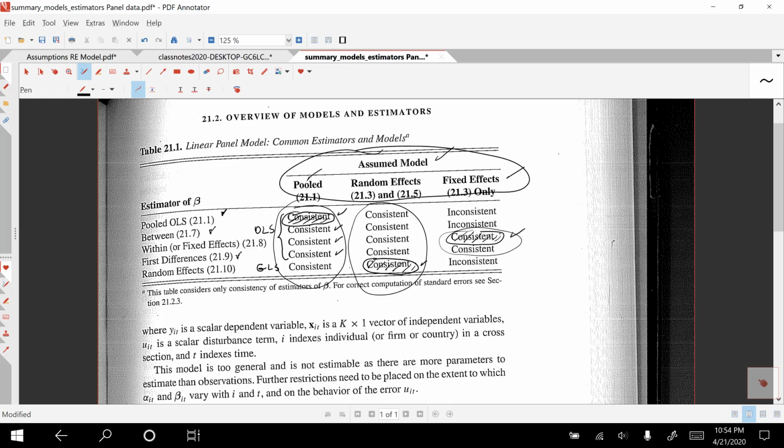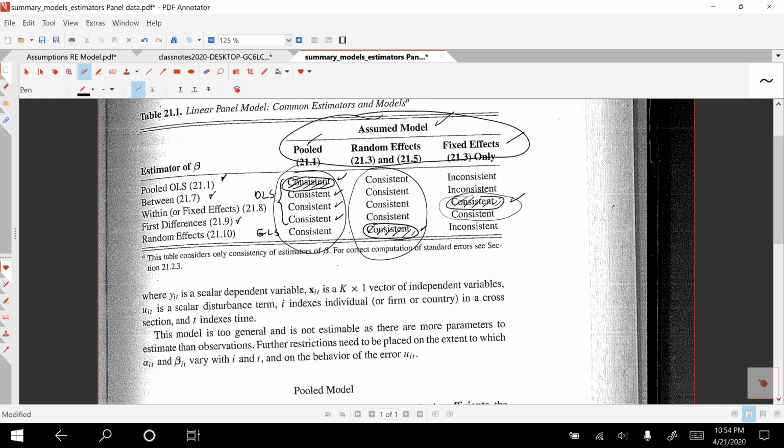Some of you might be wondering why we didn't talk about the pool OLS estimator for the random effects model or the between estimator for the random effects model. Well, for the derivations of that omega matrix, I talked about the between estimator and the fixed effects estimator for the random effects model.